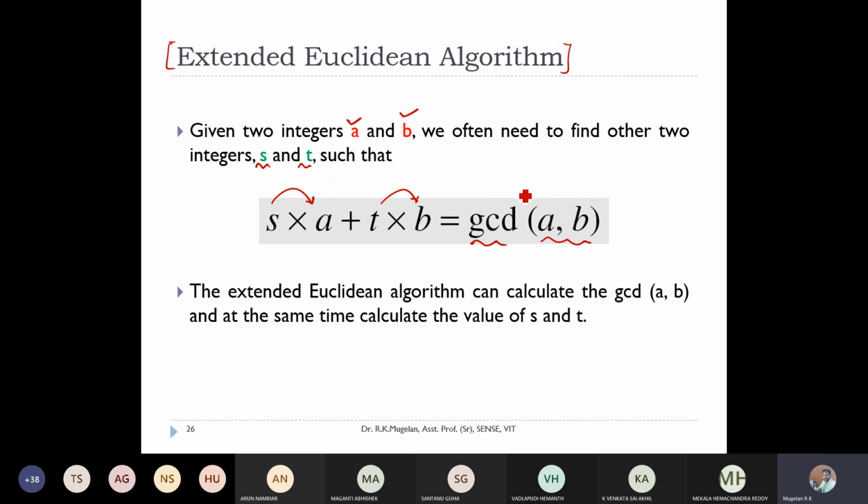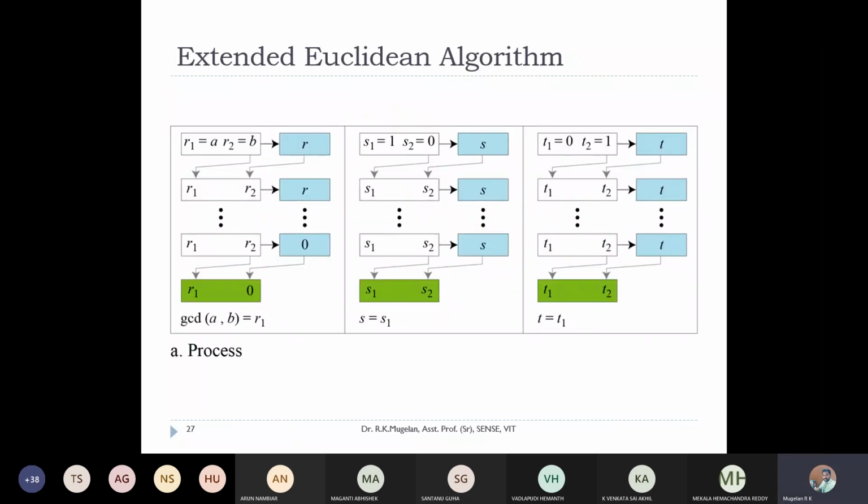In the extended Euclidean algorithm, you find two more extra values, S and T. Why we are finding S and T, we'll see in the upcoming slides. So S and T have a relationship with the GCD value like this: S times A plus T times B gives exactly the GCD value. We'll see how this works.